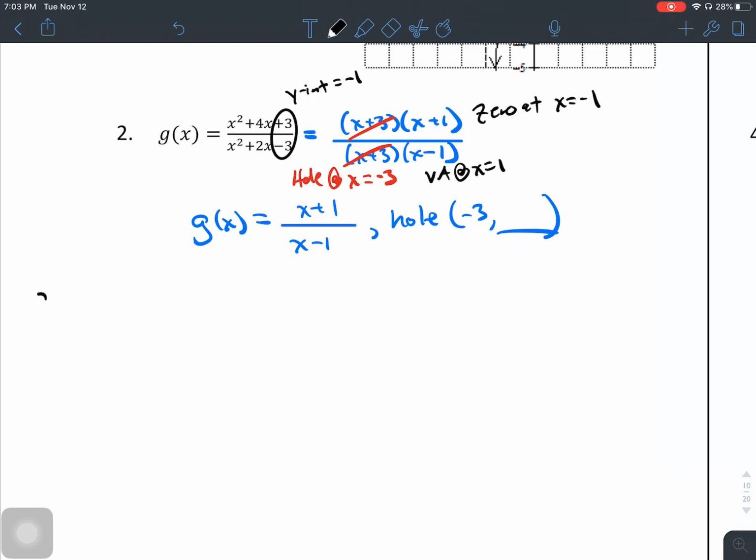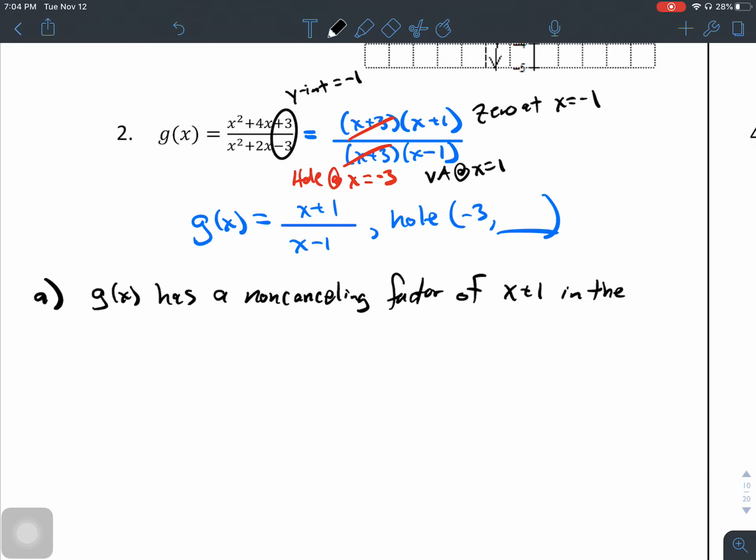So part A, zeros. Instead of doing work, I'm going to say g of x has a non-canceling factor of x plus 1 in the numerator.